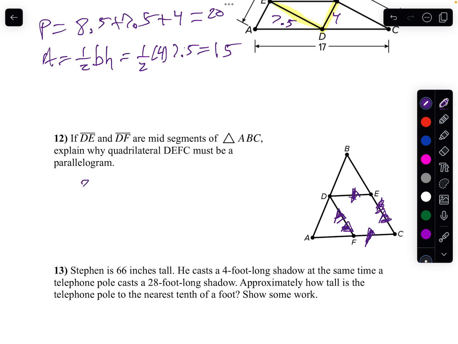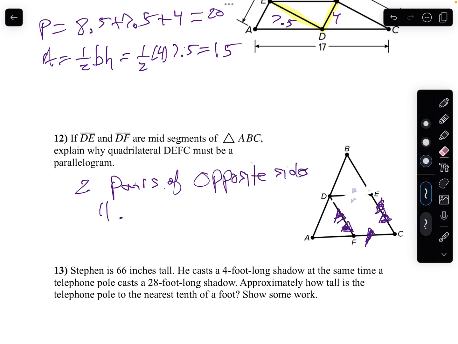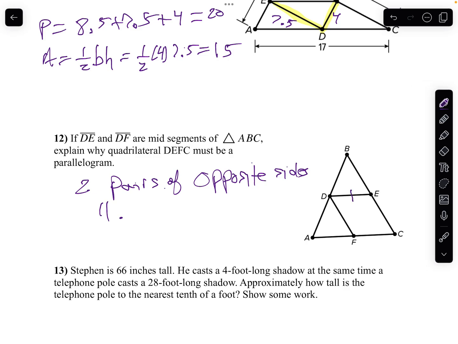Because you've got two pairs of opposite sides parallel. Or another way you could approach it, since it's the mid-segment, I know DE is congruent to FC, and I know DF is congruent to AC, so you could say two pairs of opposite sides are congruent, and you'll get the same answer.